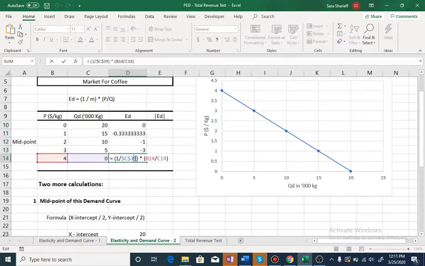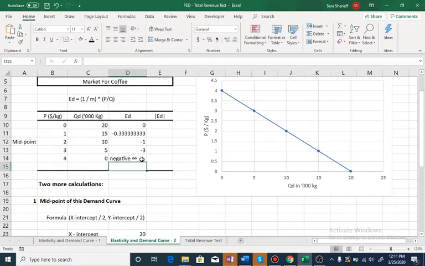This is basically negative infinity. I'll discuss this in a moment. Okay, applying this formula, these are your set of price elasticities of demand at all these points.